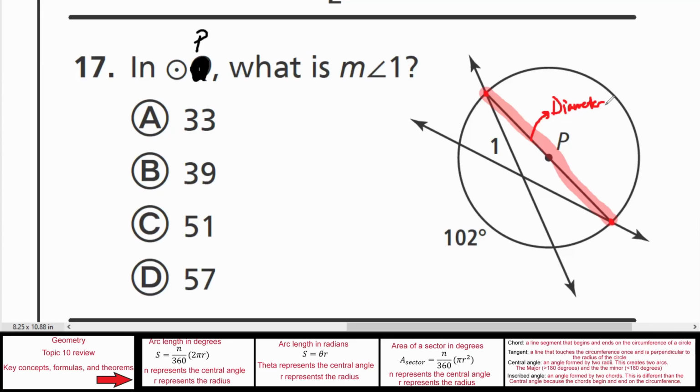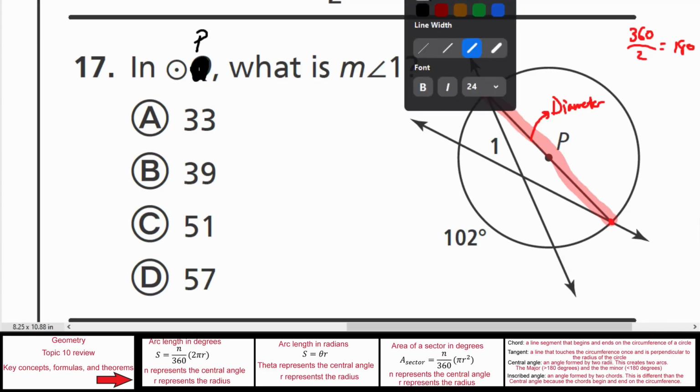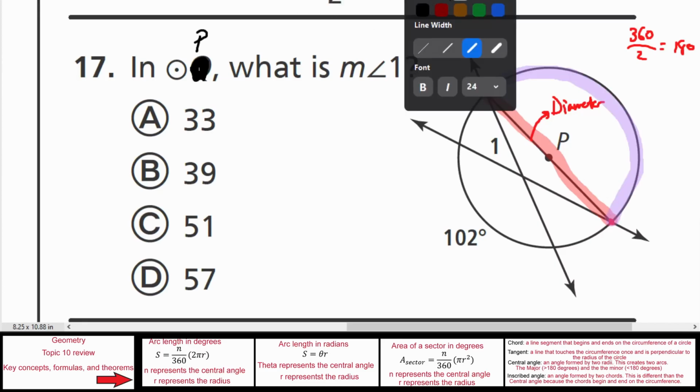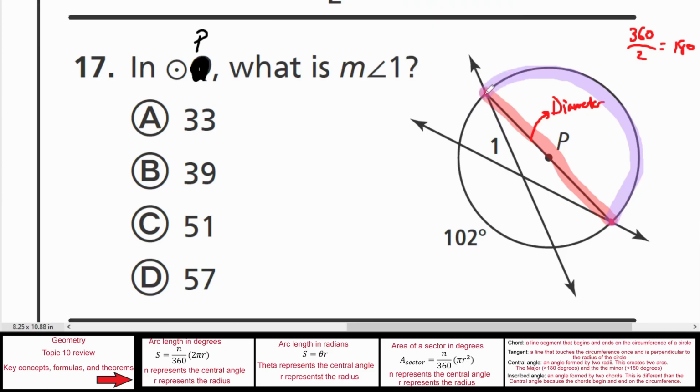What's special about the diameter is it cuts a circle in half. That means I can figure out the measure of the arcs by dividing by 2. And that means I have 180 degrees to go from here to here, and I have 180 degrees to go from here to here.